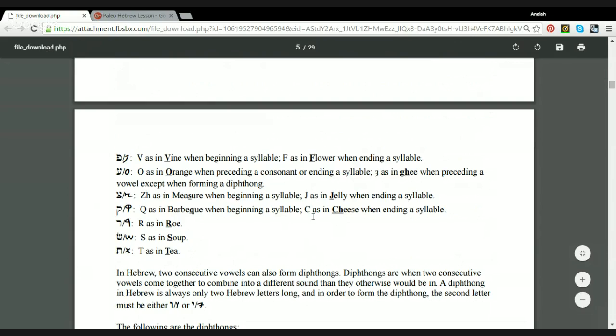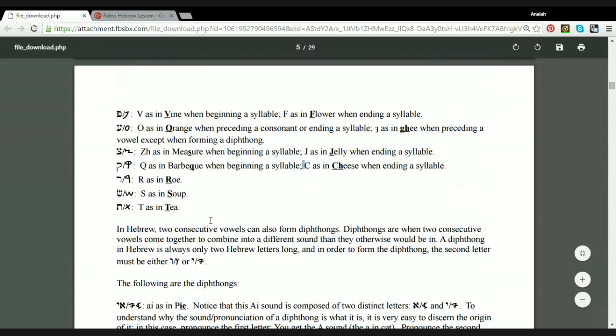So it has to be the same. Since it's the same classification of sounds or same classification of letters, it has to either be all of them in this order, or it has to be switched. You see what I'm saying?